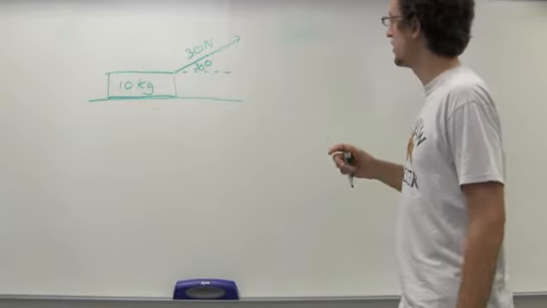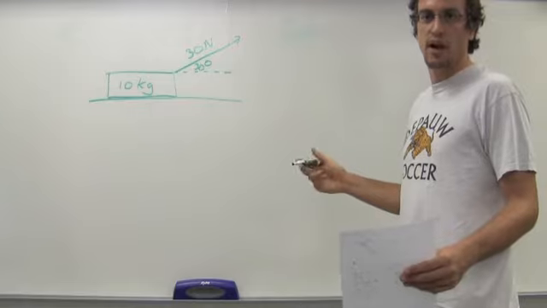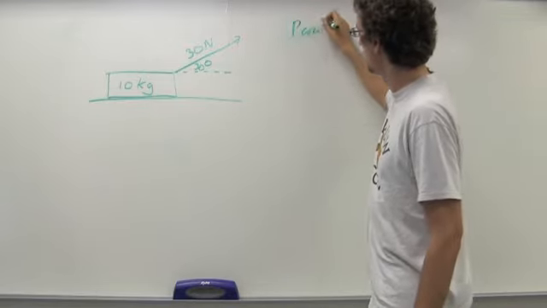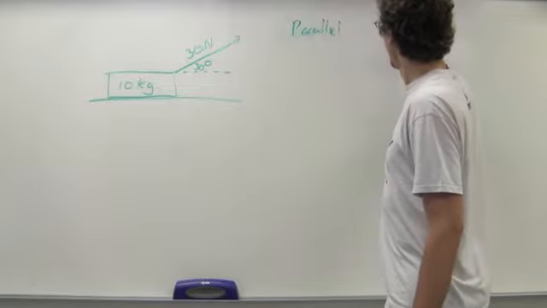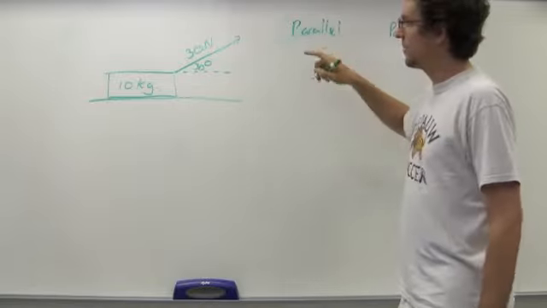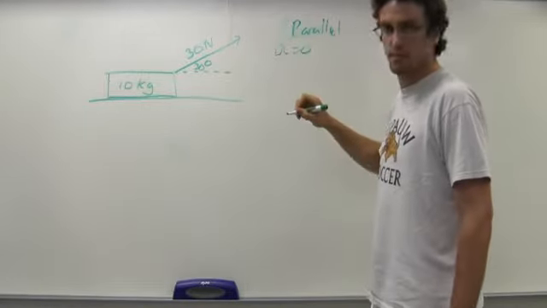But we still have to split into parallel and perpendicular directions. On the parallel, we know that a equals 0.